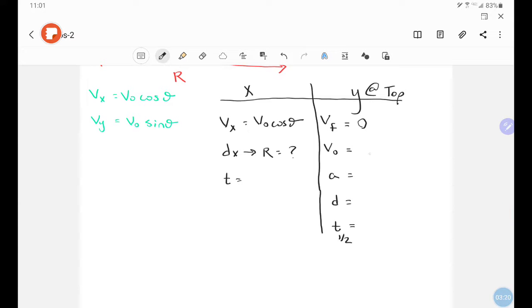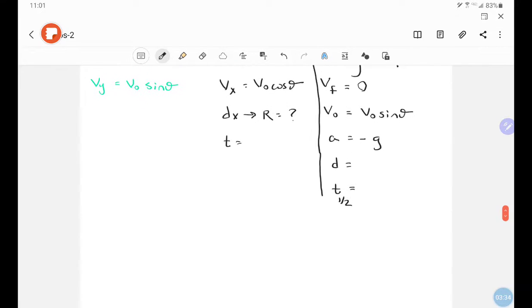My initial velocity is V0 sine of theta. Acceleration is negative, and it has a value of g. Displacement I'm not worried about, but time would be very convenient to know. So I will use the first equation. So I will say Vf equals V0 plus at to get half of the time.